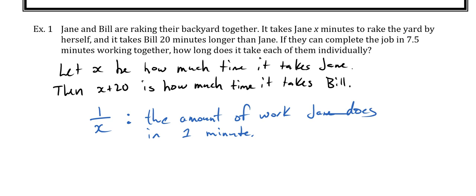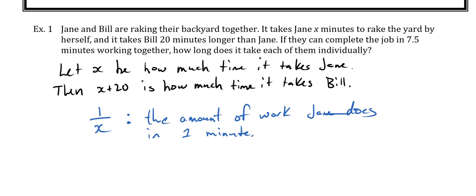So in this case, 1 over x is the amount of work that Jane can do in 1 minute, right? If it was 10, 1 over 10, she's done 1/10 of the job. If it was 20, she will have done less, because it's going to take her 20 minutes, and you'd have to add up 1/20th 20 times to get the whole job done. Another really good tip is, if you're stuck, pick numbers for x and plug them in and see if that helps you make sense of it.